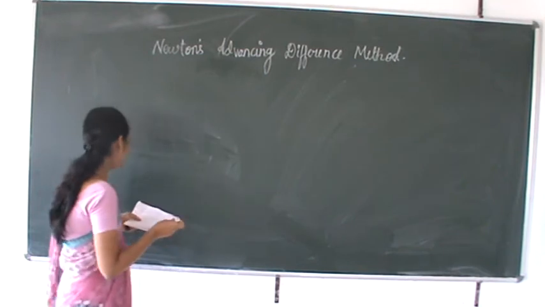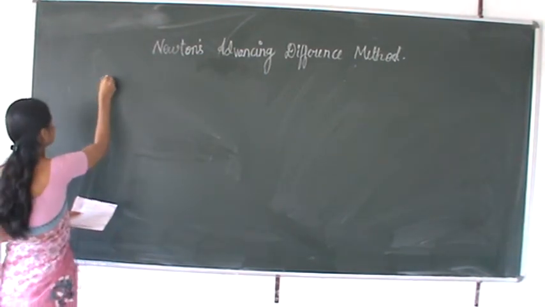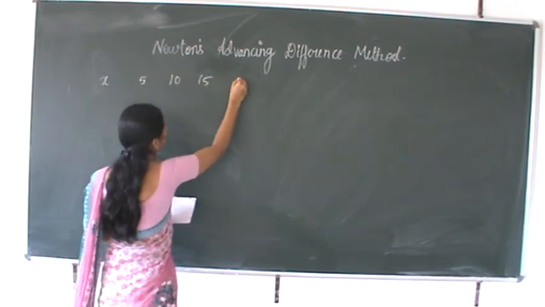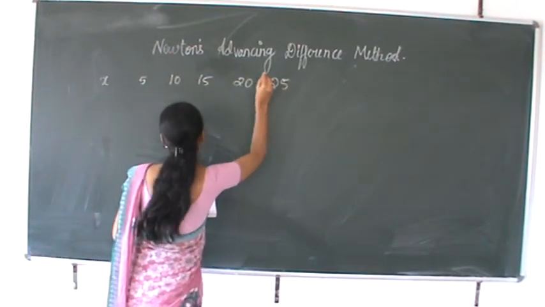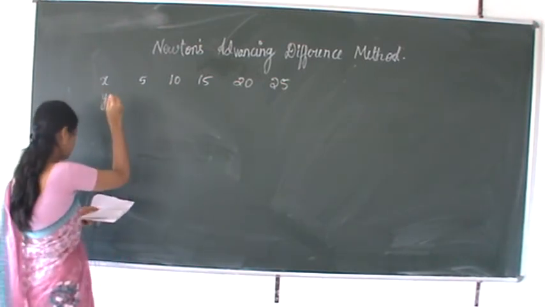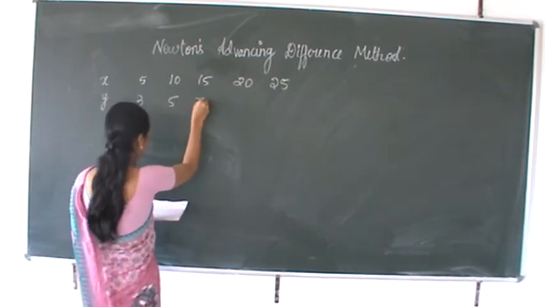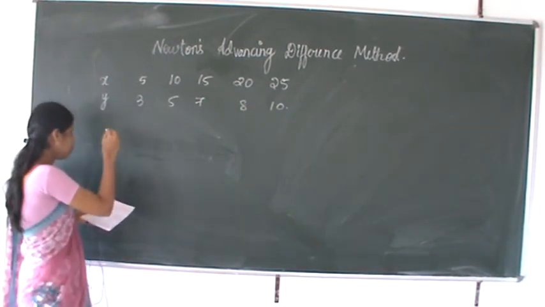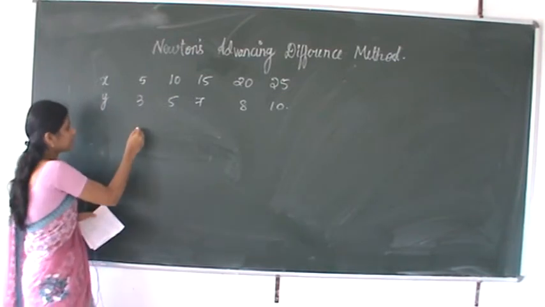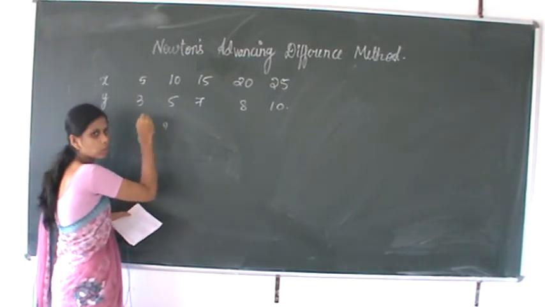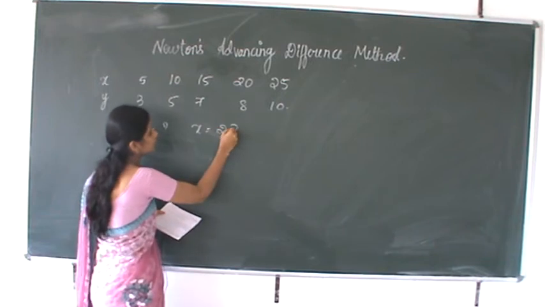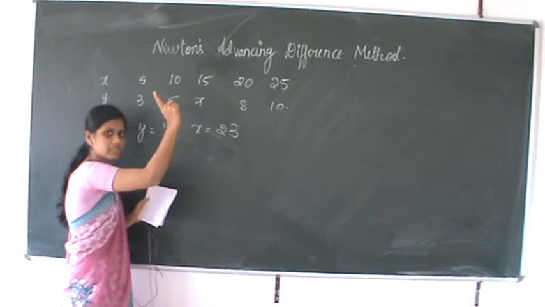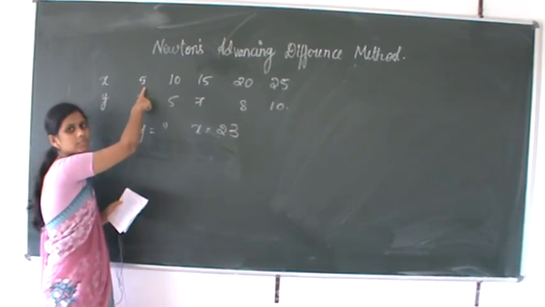For example, we will consider x values as 5, 10, 15, 20, 25, and values of y as 3, 5, 7, 8, 10. Now you can interpolate the value of y when x is equal to 23. See, this 23 is not one of the values of x. The first condition is that the independent variable should have a common difference.